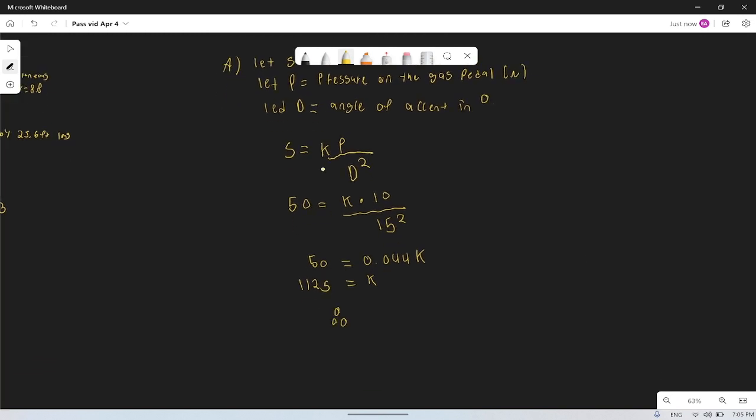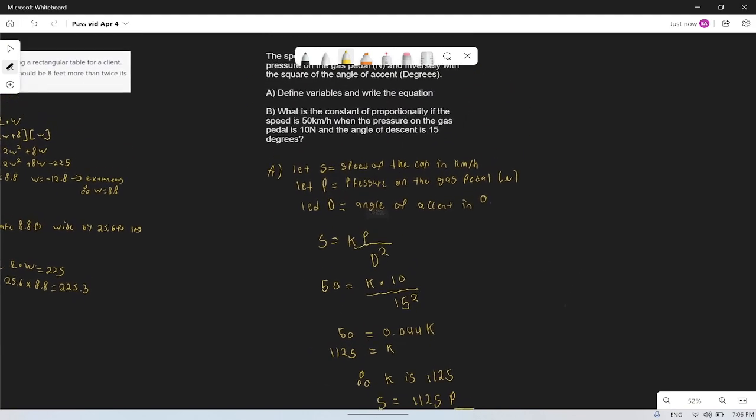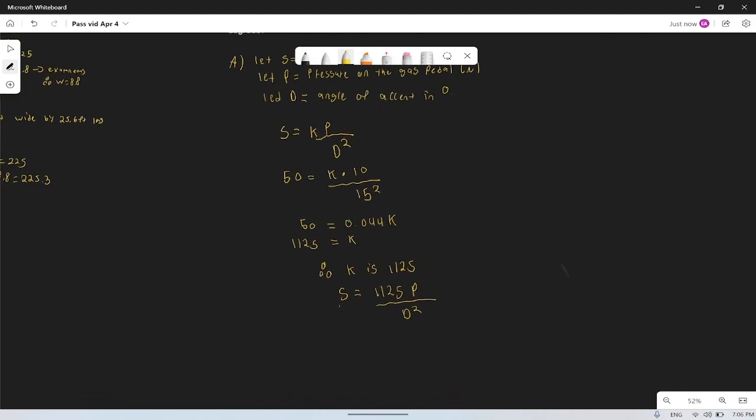And therefore K is 1125, and the formula is S equals 1125 P over D squared. All right, that is how you solve one of these constant of proportionality questions.